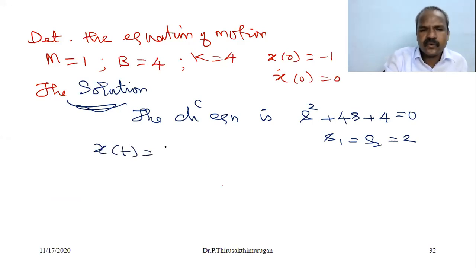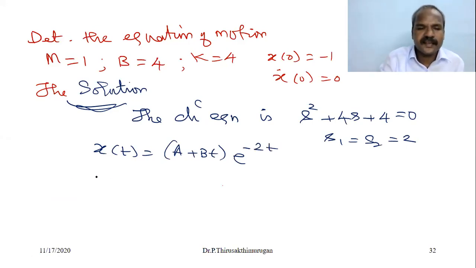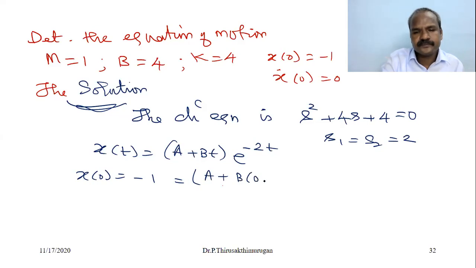So what is the motion solution? x of t equal to a plus bt into e power minus 2t. So now let us apply the conditions. x of 0 equal to minus 1, which is equal to a plus b into 0 into e power minus 2 into 0. So a equal to minus 1.